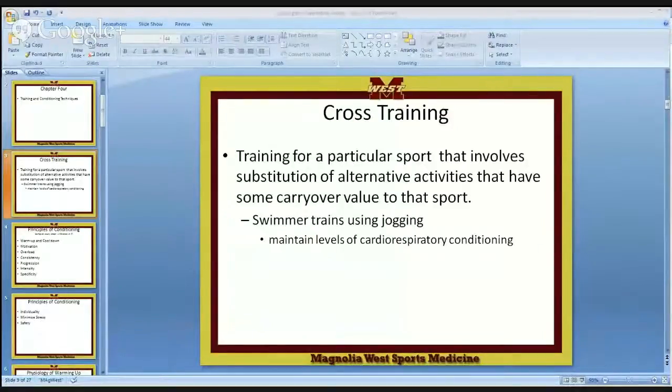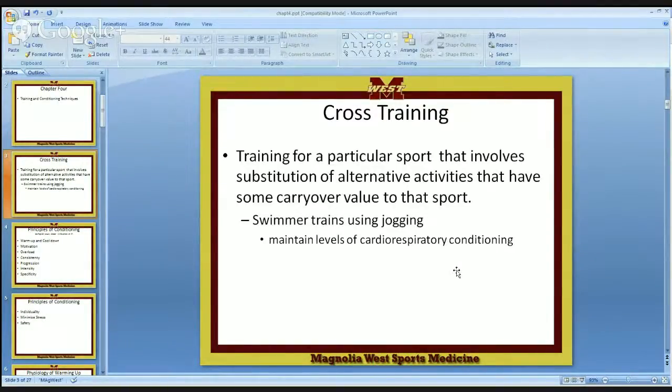First one, we're looking at slide number 3. We're talking about cross training. Know this sentence: training for a particular sport that involves substitution of alternate activities that have some carryover value to the sport. That'll be on a true-false.